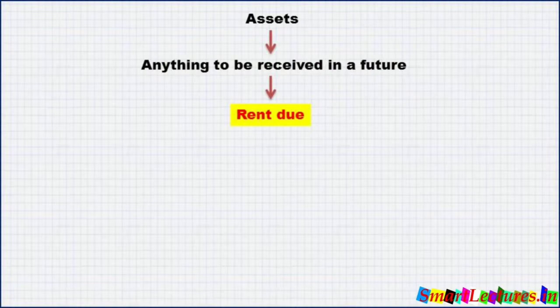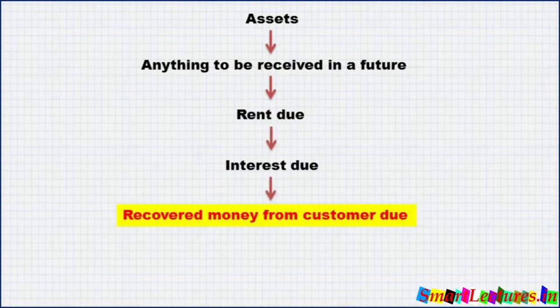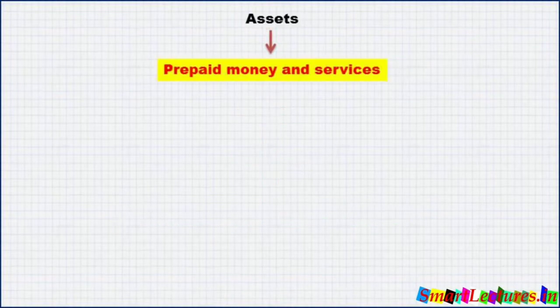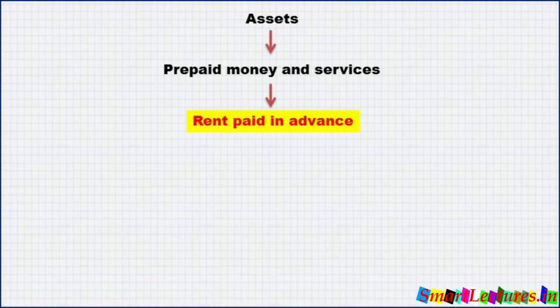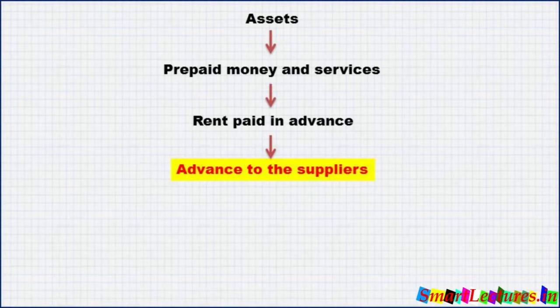Suppose we have to receive rent in future, interest in future, or we have to recover money from the customers in future. All these things are called assets. Or any money or services we have already paid. Just like if we have paid rent in advance and the benefit will be received in future, that is our asset, prepaid rent. Or we have paid advance to the suppliers, that is our asset. So assets can be seen from different angles.